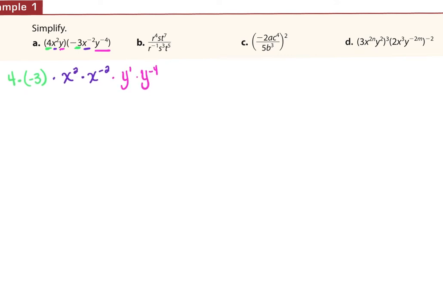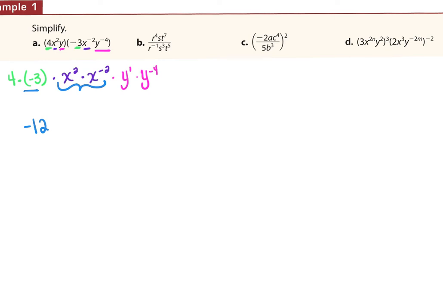And then I'm just going to use my properties. The first one doesn't require a property. 4 times -3. What is 4 times -3? -12, all right? And then I have a property that works here. I am multiplying like bases. So look at your list of properties. What happens when I multiply? The product rule.